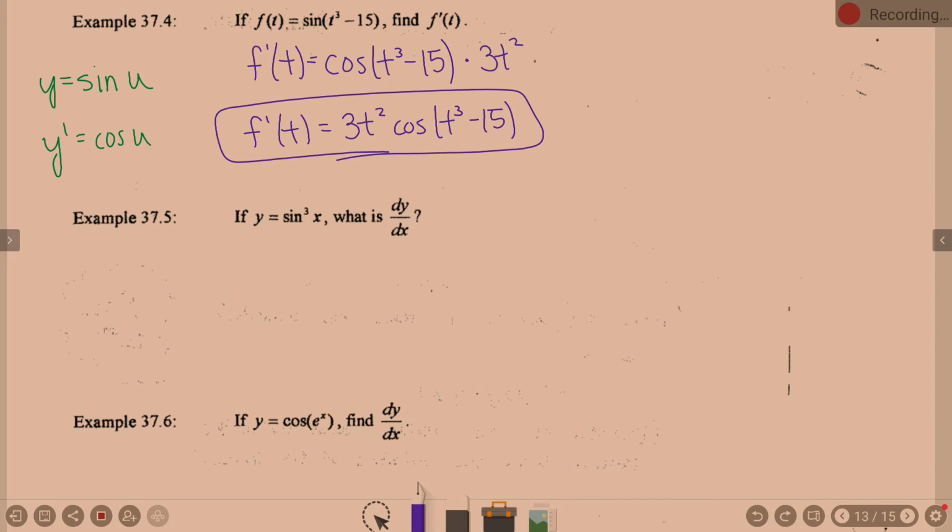Well, something to the third. First of all, realize sine cubed x is the same thing as saying sine x raised to the power of 3, right? So if we're thinking u substitution here, our overall power is u to the third. That's our main thing we're going to take the derivative of.